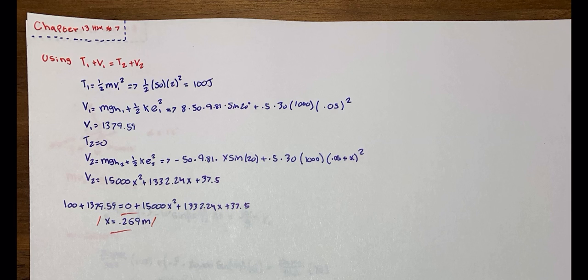We know that T2 is 0. We can solve for V2 in a similar manner to V1, except this time with an unknown. And we can use all this to combine and solve for x, which is 0.269 meters.